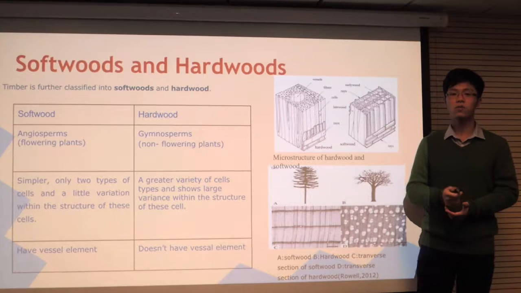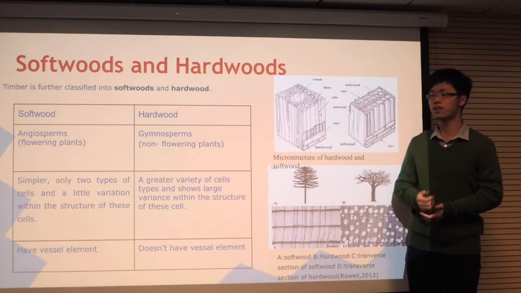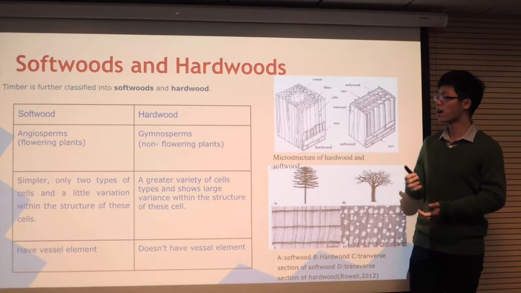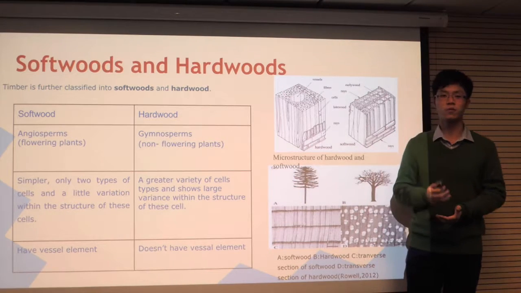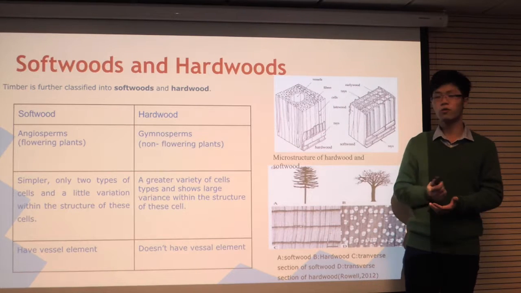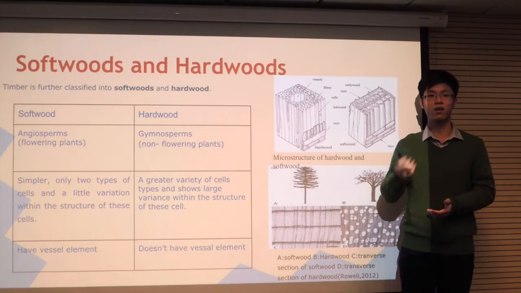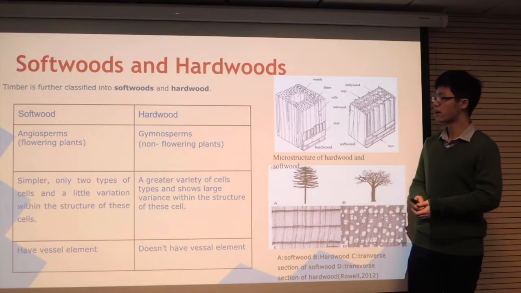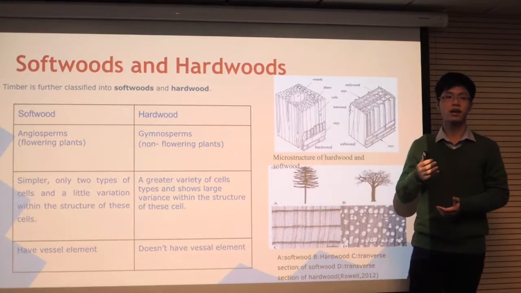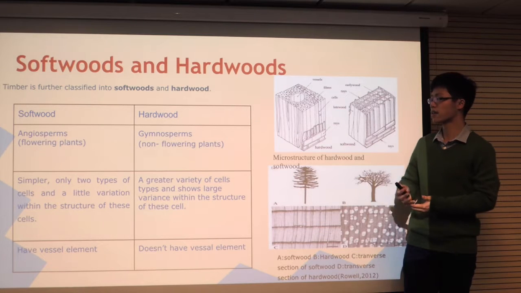And wood timbers are further divided into softwoods and hardwoods. Softwoods are produced from gymnosperms, which means the non-flowering plants. On the other hand, hardwoods are produced by flowering plants, the angiosperms. The cell structure in softwood is much simpler than hardwood.